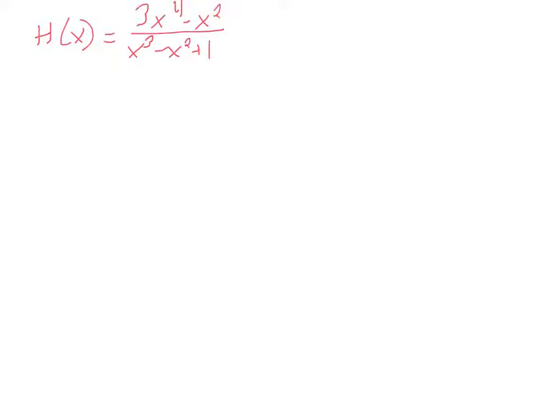So we've got to do some polynomial long division. I need more room than that. We're going to set up our long division so we have 3x to the fourth minus x squared.